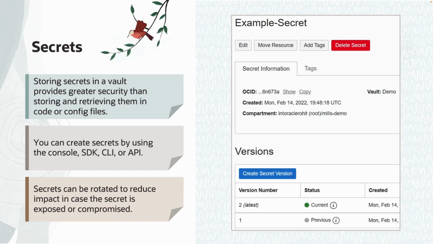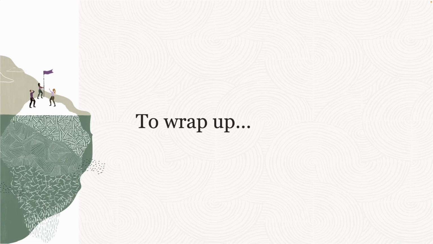Periodically rotating the secrets reduces the impact in cases a secret is exposed. The secret's unique identifier, Oracle Assigned Identifier, OCID as it's sometimes called, remains the same across rotations, allowing the Vault service to rotate your secret contents to meet any rules or compliance requirements you might have, while program access remains the same.